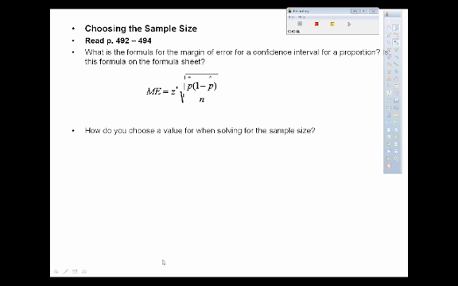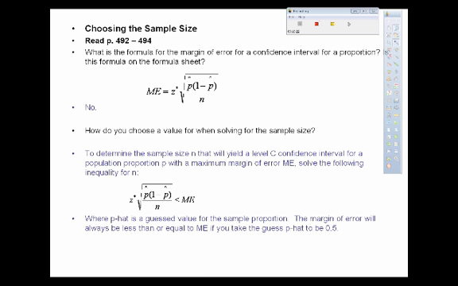All right? How do we choose the value for p hat when solving for a sample size? Okay. To determine the sample size n that will yield a level C confidence interval for a population proportion p with a maximum margin of error, ME, solve the following inequality for n.